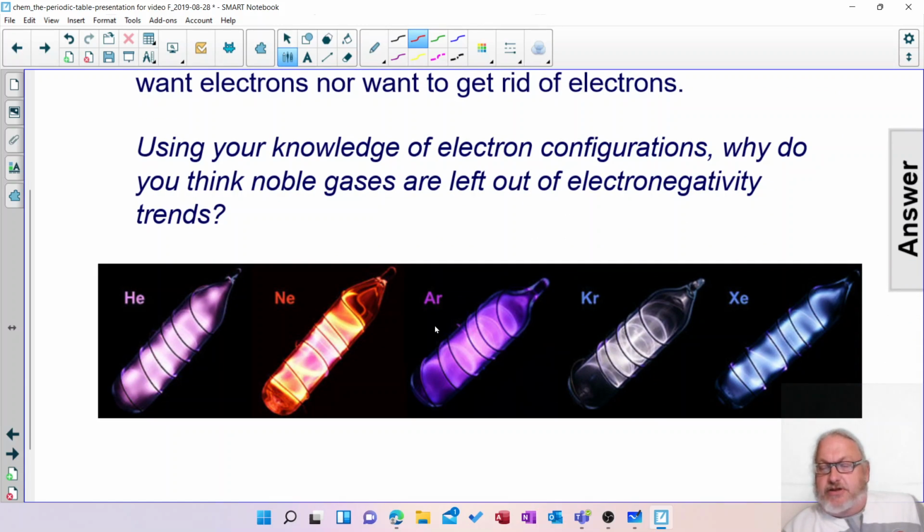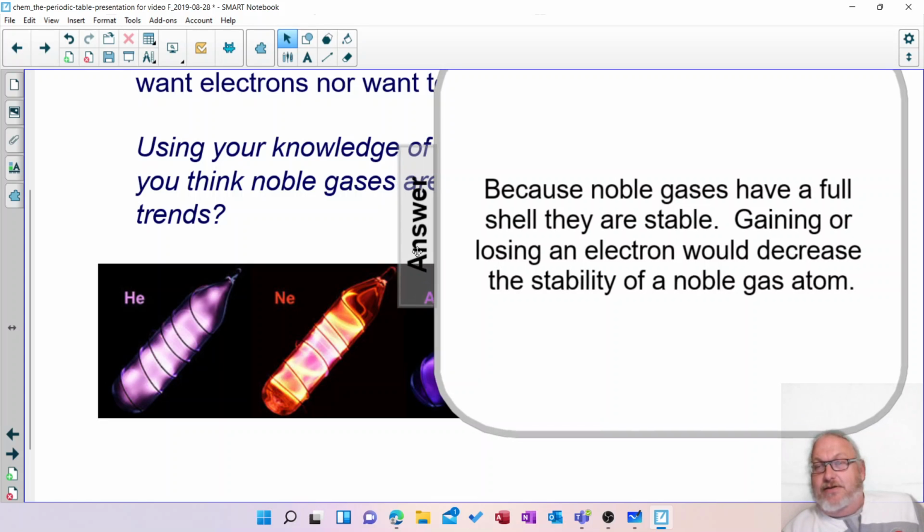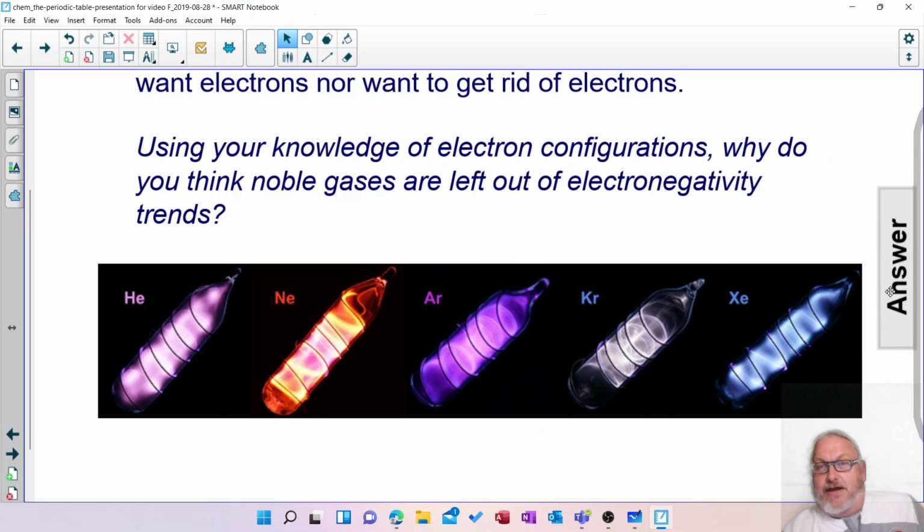Well, I just answered it: they are stable the way they are. They don't want to grab or give up any electrons. They've got a full shell, a full energy level. If they were to gain or lose an electron, they would lose their noble gas stability. They just are.